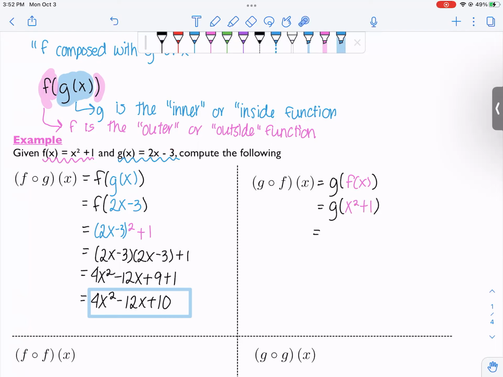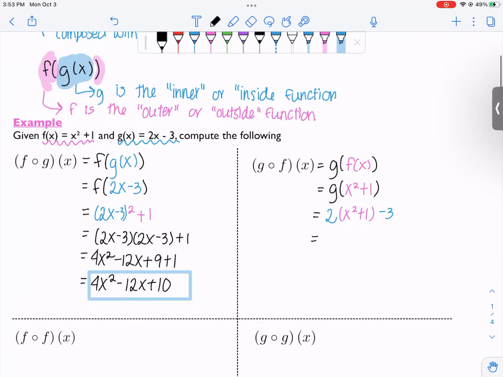The function g was 2x minus 3, but instead of x, I'm putting in x squared plus 1. So we have 2 times x squared plus 1, that's this x right here, turns into x squared plus 1, minus 3. Distributing the 2, I get 2x squared plus 2 minus 3, simplifying to 2x squared minus 1.